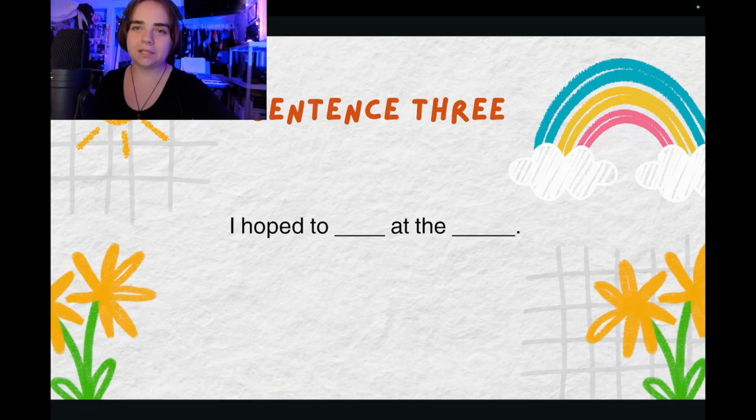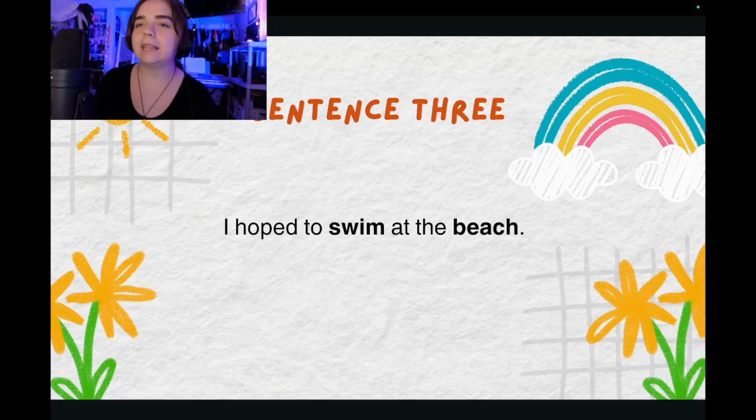So sentence 3. I hoped to blank at the blank. So the one I put here, you can really put anything, something that you can do at a different location. So I hoped to swim at the beach. Now you can do something else.